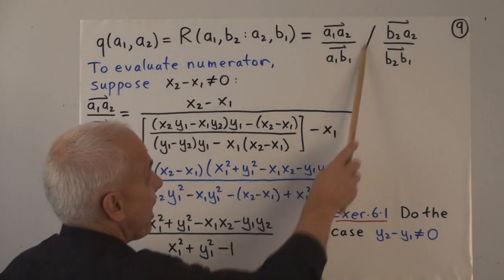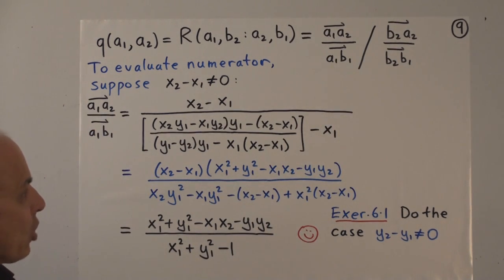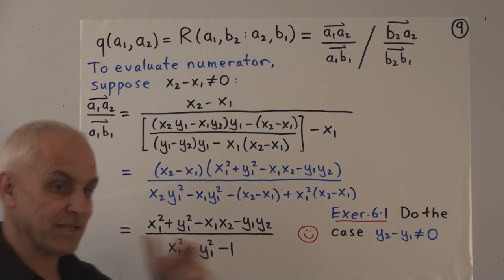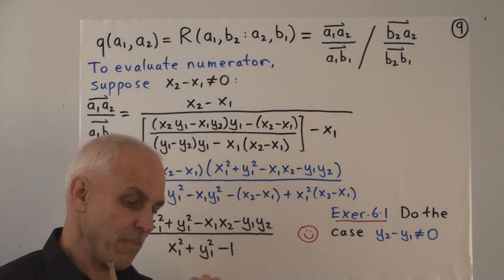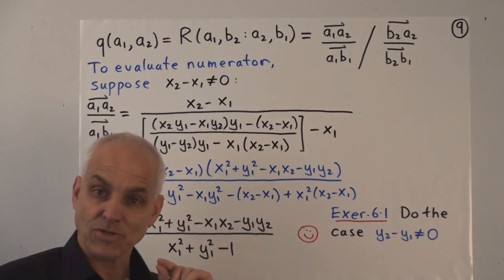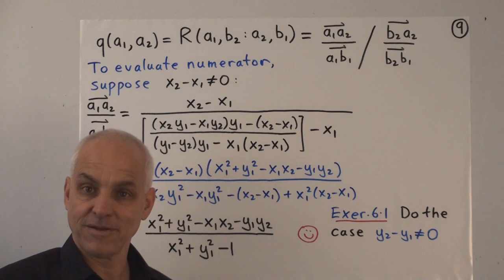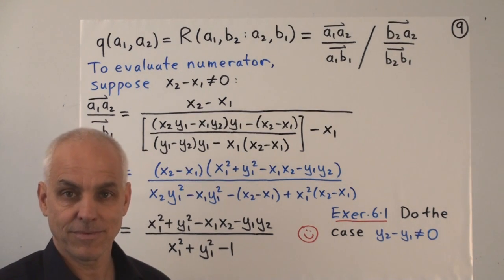Okay, so let's start by looking at the numerator. How will we evaluate that ratio of vectors? Well, each of those vectors has an x and a y component. And if we want to compare the ratios of the vectors, it suffices to compare the ratios of either the x components or the y components.